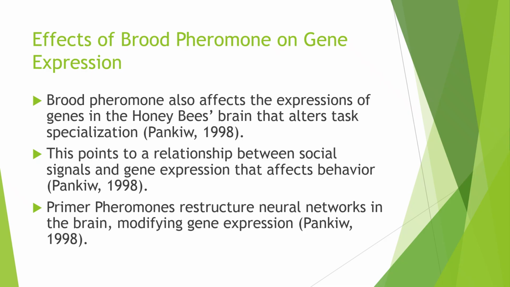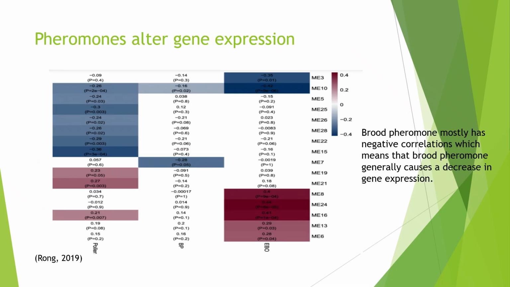Primer pheromones restructure neural networks in the honeybee brain, which modifies the gene expression. As you can see in this graph, brood pheromone mostly has negative correlations, which means in this case that brood pheromone generally causes a decrease in gene expression.